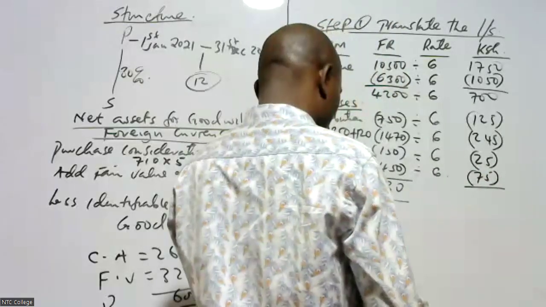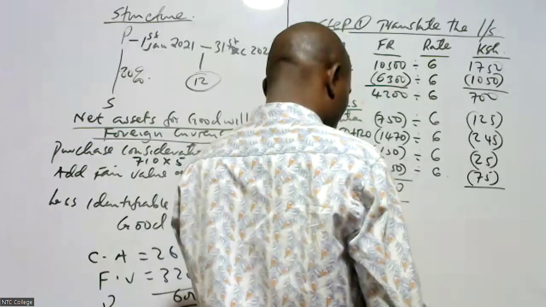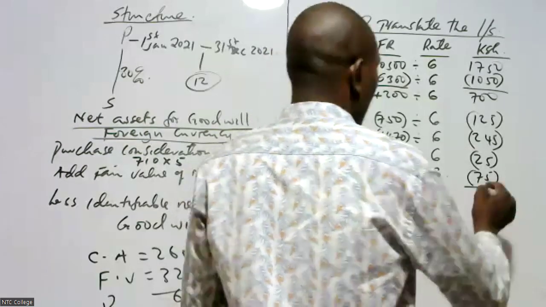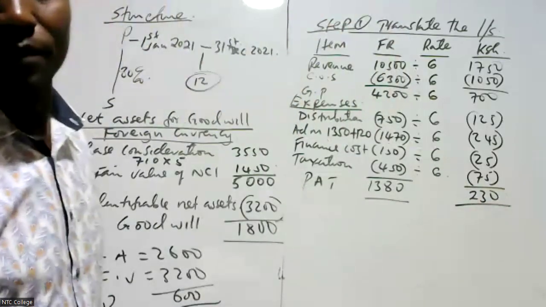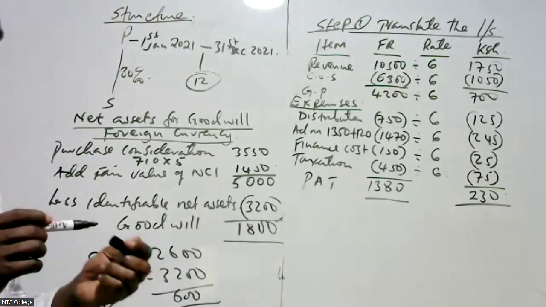And of course, 230. That is my profit, my translated income statement.